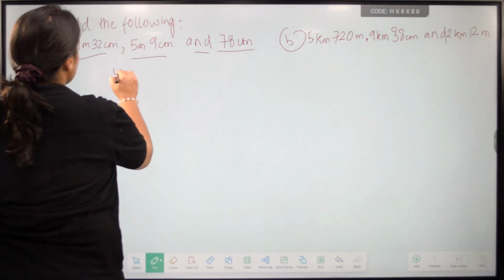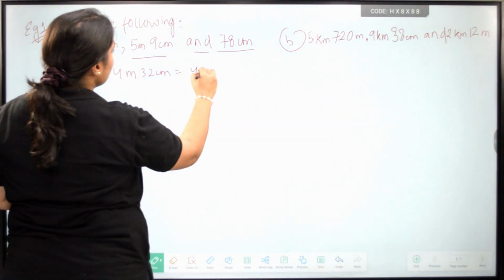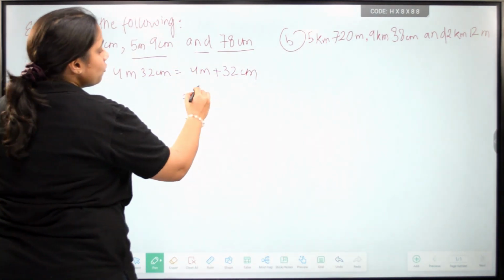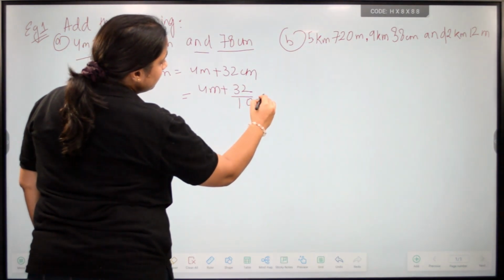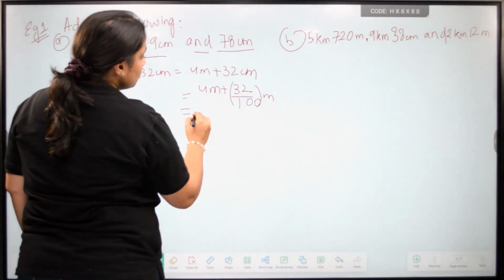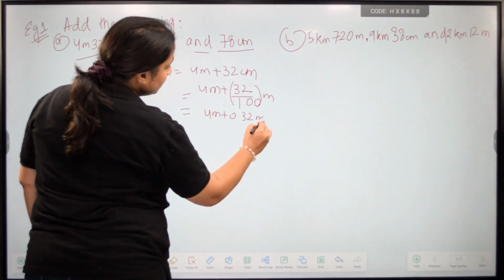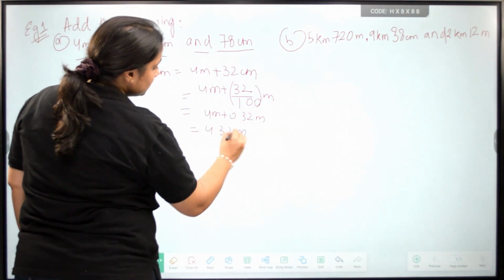So 4 meter 32 centimeter can be written as 4 meter plus 32 centimeters. So 4 meter plus 32 divided by 100 meters. So it will become 4 meter plus 0.32 meters. Hence it will be 4.32 meters.